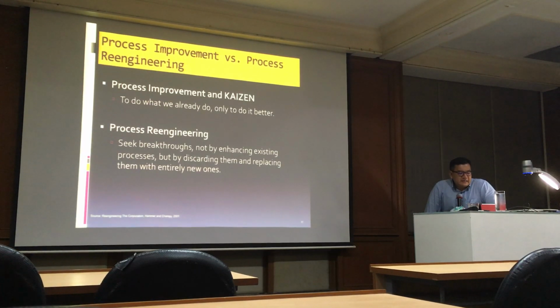Not by enhancing existing processes, but by discarding them and replacing them with entirely new ones. So the difference: with improvement, you start with the existing one and try to make it better. But for reengineering, you break through to find something that replaces them, and you are not enhancing the existing process, but you try to replace it with a new one.